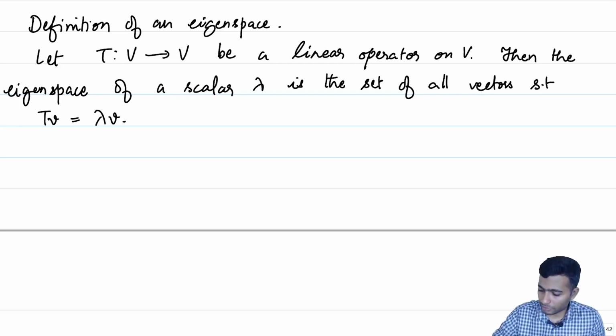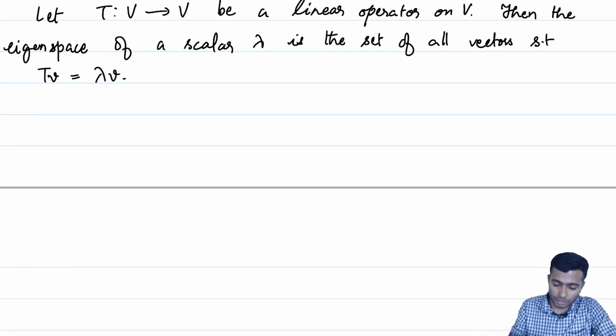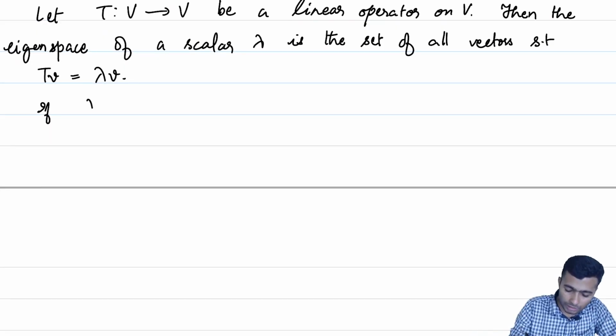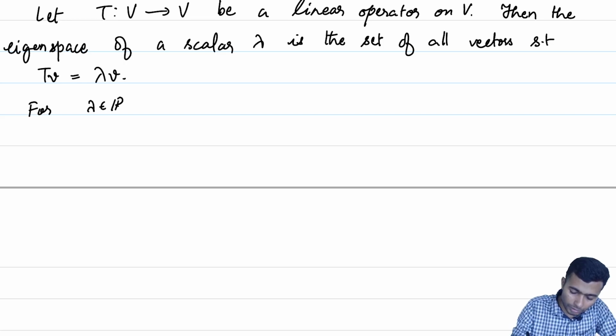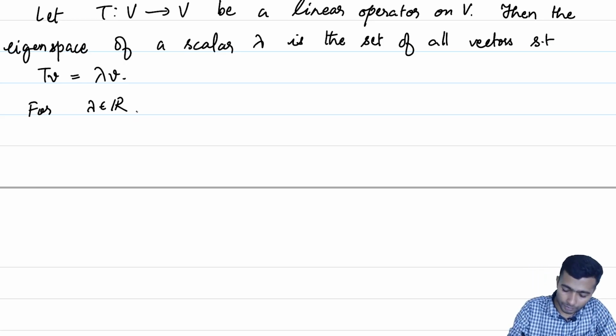So, let us try to see more about the eigenspace of lambda. If lambda is a scalar, lambda in R, let us see what it means to say that Tv is equal to lambda v.